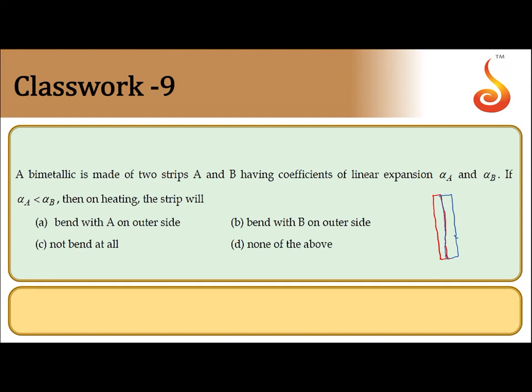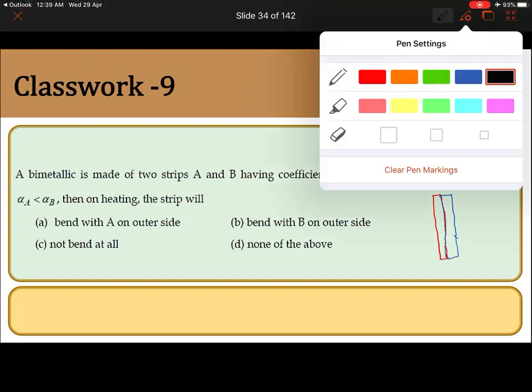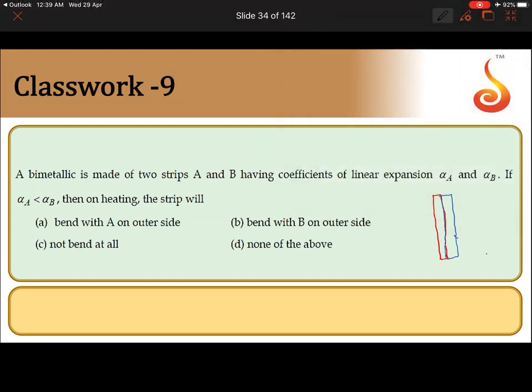When it bends, it will bend such that whichever has greater value of alpha, that will expand more. So let us say it bends this way, don't know whether it bends towards right or left. Now it is a bimetallic strip, this is one metal, this is another metal. Now this length is obviously greater than this because it is outer circle, this is inner circle. So because of this, this should have greater value of alpha.